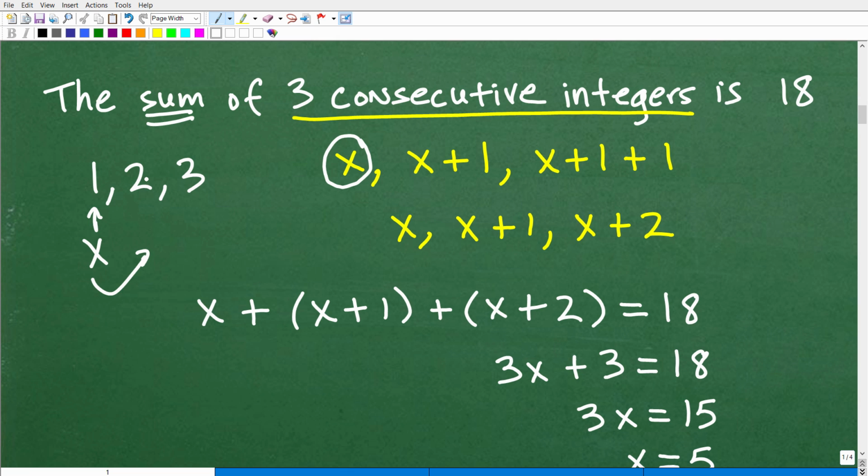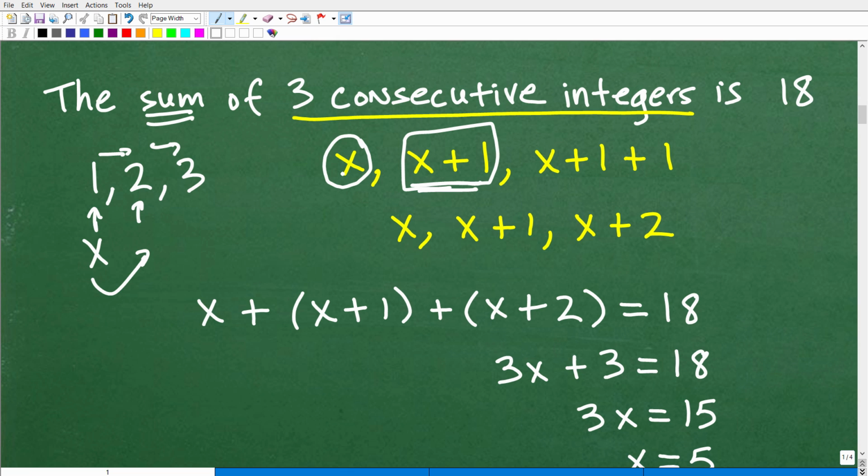Well, you're simply going to add 1 to it. Remember, integers are separated by 1, okay? They're kind of spaced out by 1. So the next integer would be x plus 1, okay? So here, if this was x, 2 would be x plus 1, or 1 plus 1, which would be 2, okay? So this could be our next consecutive integer.